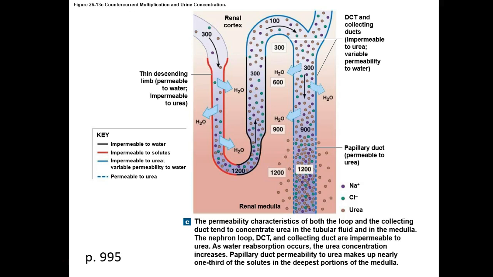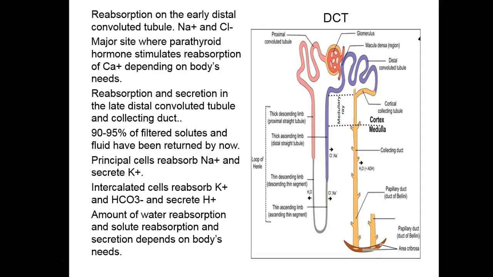So as it moves down that collecting duct, certainly water is going to be reabsorbed. Water is going to make it through because we don't want to have the toxins too concentrated, but the papillary duct is actually permeable to urea, not so much to sodium and chloride, and so the urea is going to move on out, and that is part of our waste product.